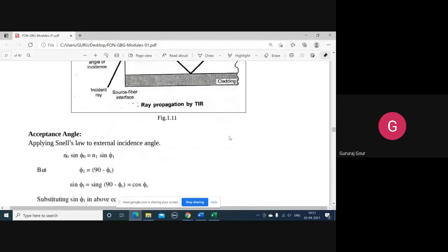Let us see how to do the derivation for acceptance angle. Again, it will be derived from Snell's law itself.